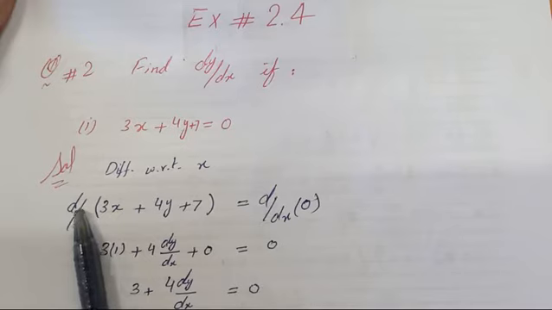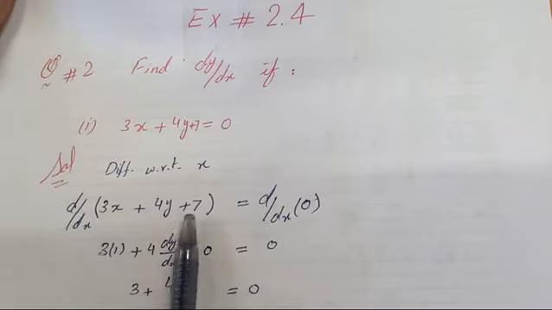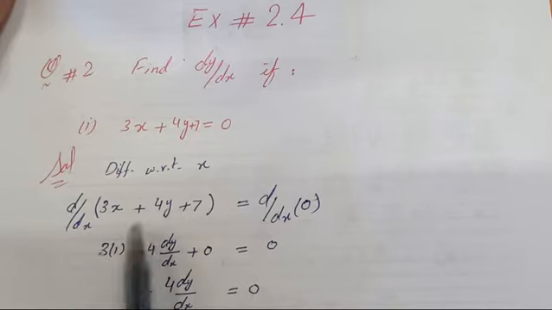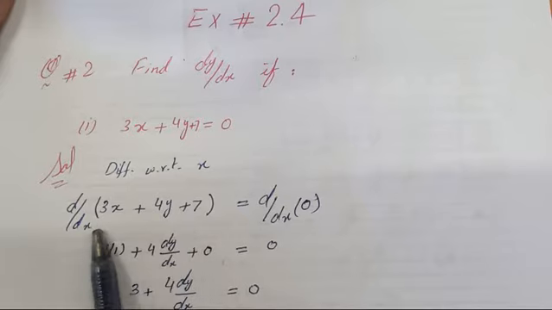As the derivative is a linear function, it operates on all the given terms separately. So 3 as a constant is written at the start, while the derivative of x with respect to itself is 1, plus 4 is written as a constant, while the derivative of y with respect to x is written as dy over dx.